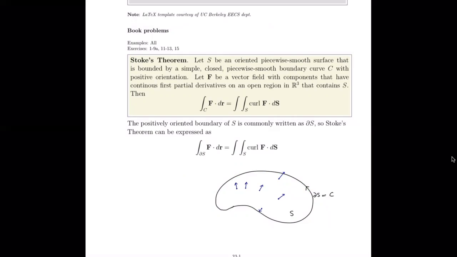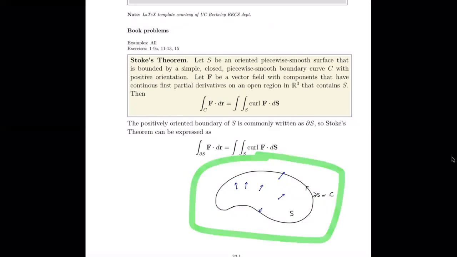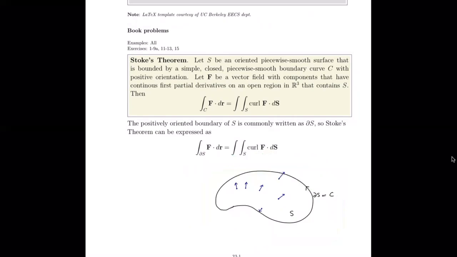Okay, F is a vector field with components that have first continuous partials on an open region in R3 that also contains S. So most importantly, anywhere inside this region of space containing this surface, F has continuous partials. And that's all we need for Stokes' theorem to hold.